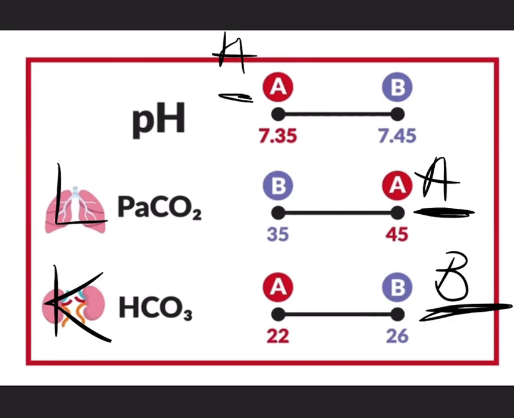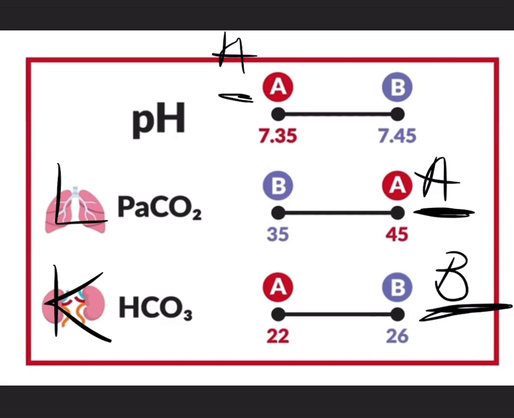But let's take a look at our outlier. Our outlier is the HCO3. Is it within normal limits? No, it's not. It is way basic. So that means we know that the kidneys are trying to compensate and trying to bring that pH back to normal limits. The kidneys are trying to do their job to bring that pH back to normal limits.